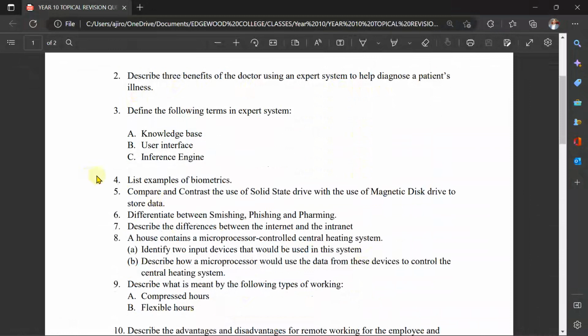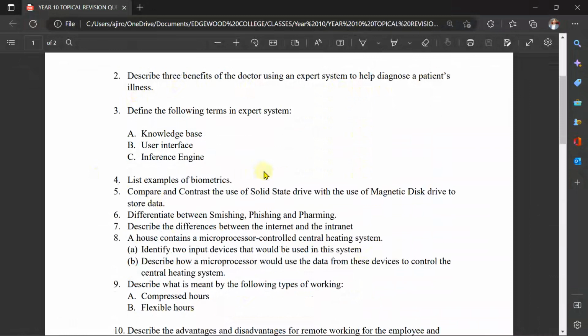Question 4, list examples of biometrics. In the case study of biometrics, they're part of the recognition system that helps to recognize people before authenticating them to show if they are actually who they say they are.